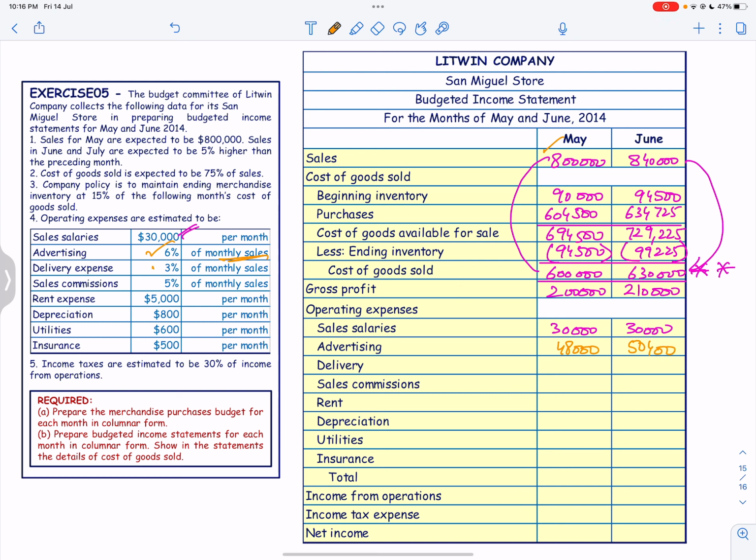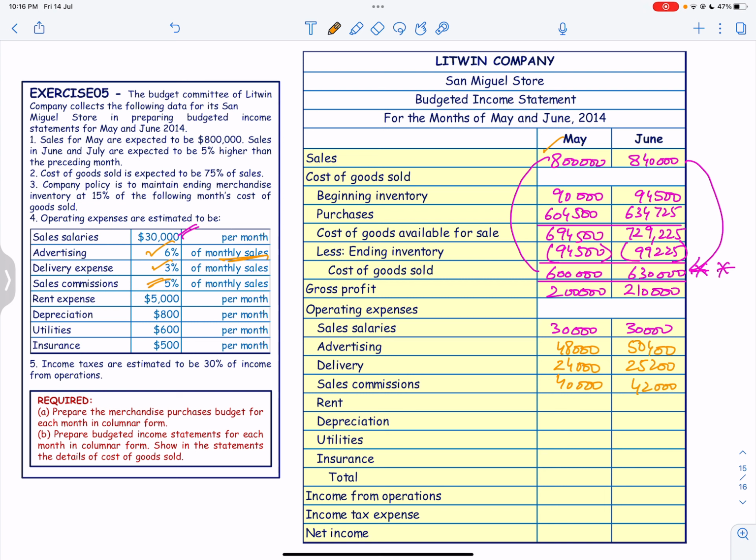Delivery is 3% of monthly sales, so that is 24,000 and 25,200. Sales commission is 5% of monthly sales, so that will be 40,000 and 42,000.